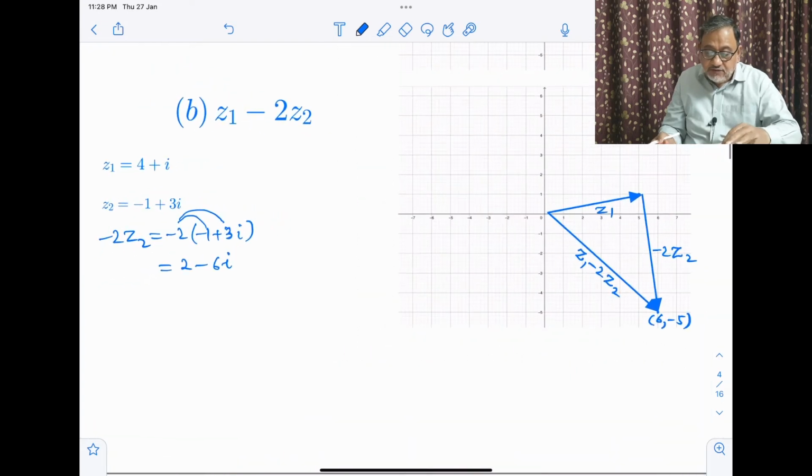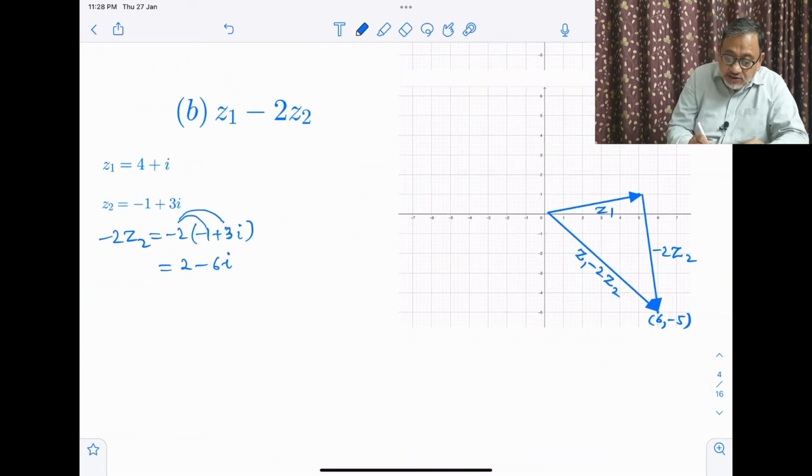6, minus 5, it is there or not? So z1 is 4 plus i, minus 2z2. I have already calculated it. So minus 2 into minus 1 plus 3i, and this will be 4 plus i plus 2 minus 6i, because I have multiplied by minus.